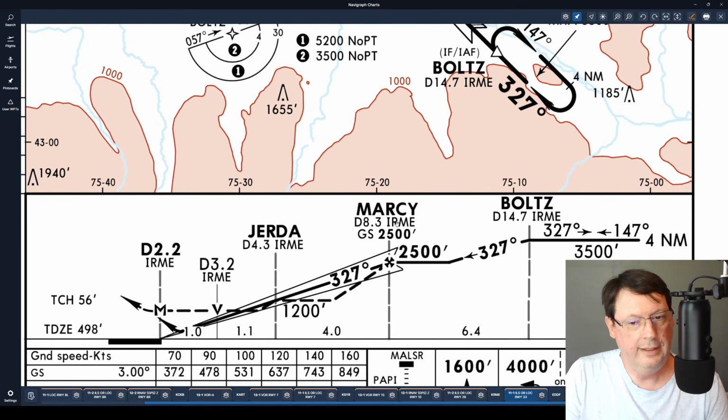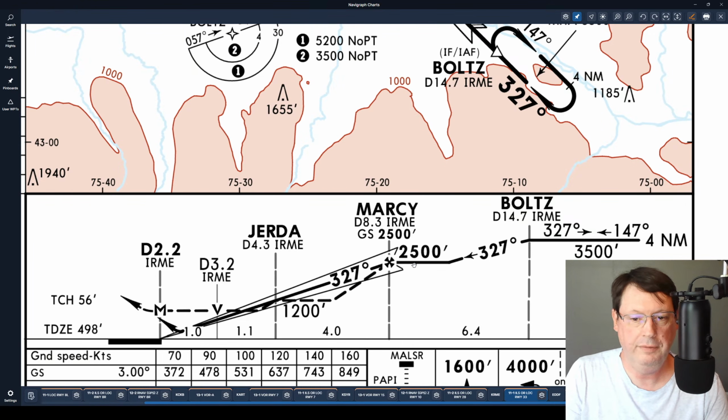That's where you intercept the glide slope to begin your final descent to the runway. And the distance is actually not what determines where this location is. The determination is 2,500 feet. So if you've got the local altimeter setting and you're on the 327 inbound course, when you hit 2,500 feet, that's when you begin the descent.